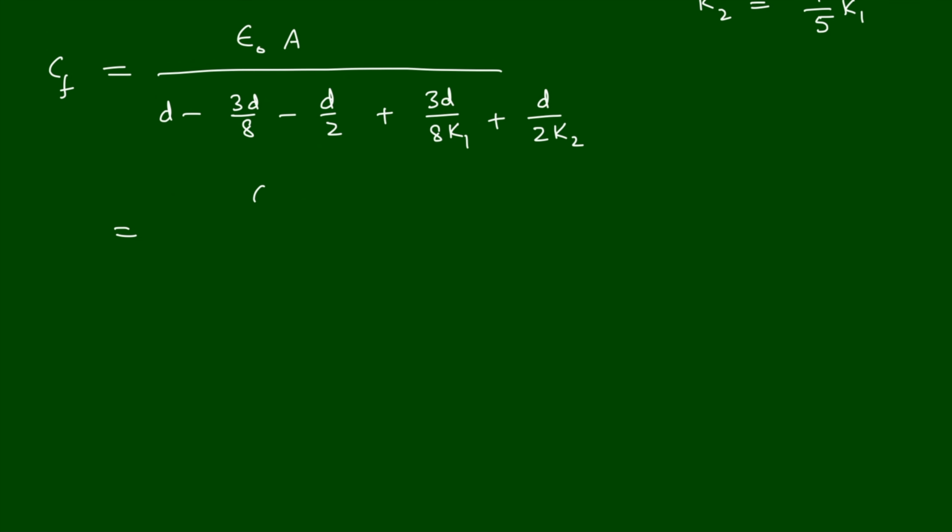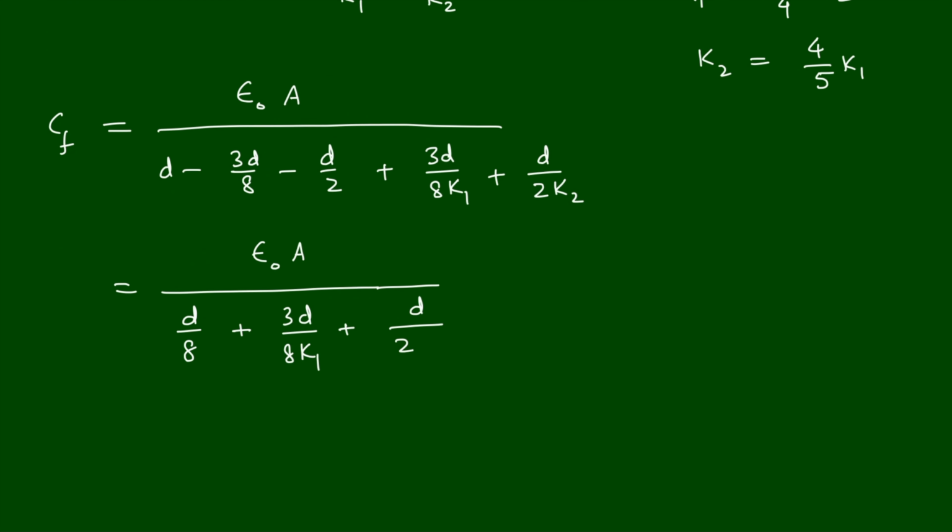Then you will get epsilon naught A divided by D by 8 plus 3D by 8 K1 plus D by 2 times, in place of K2 I can write 4K1 by 5.